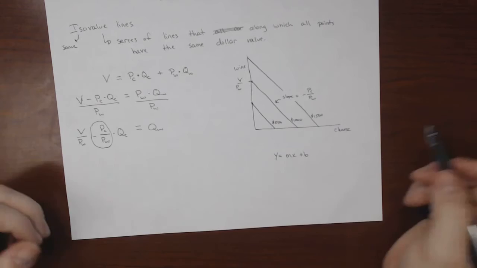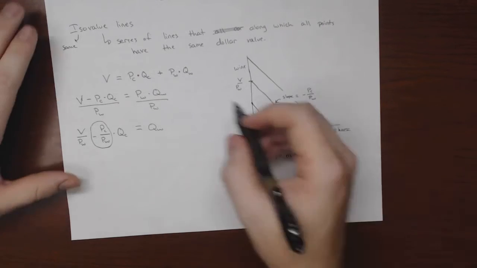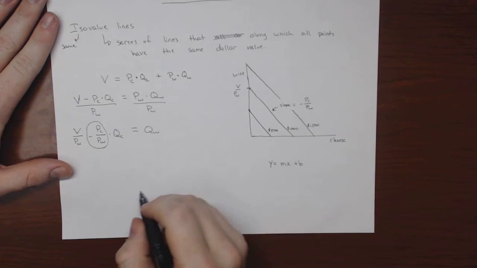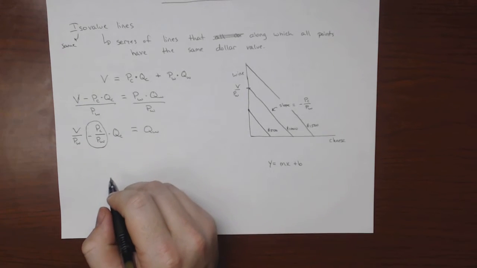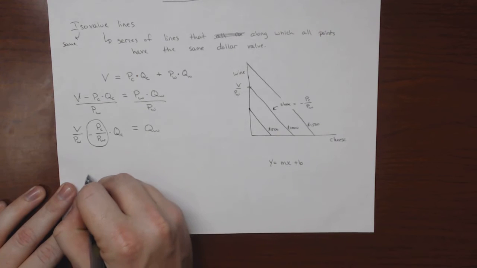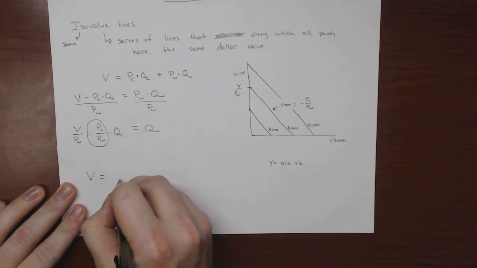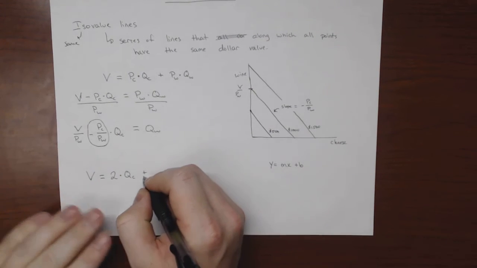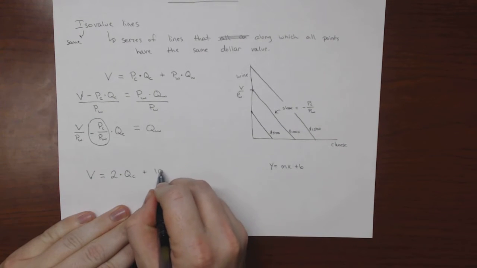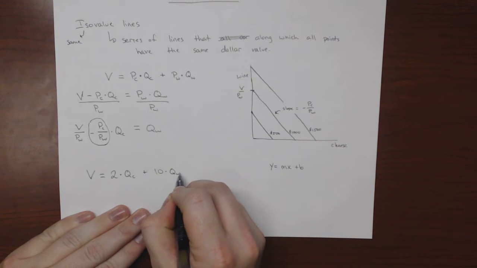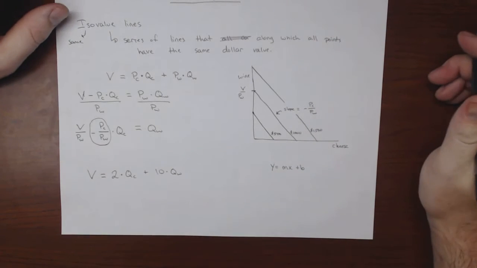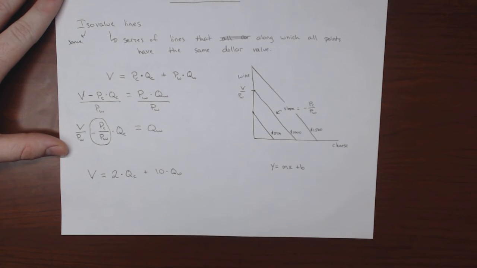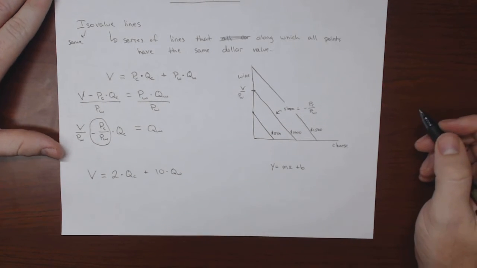So if we were to plug in our old values of the prices, we could say that V equals 2 times the amount of cheese plus the price of wine was 10 times the amount of wine that was produced.